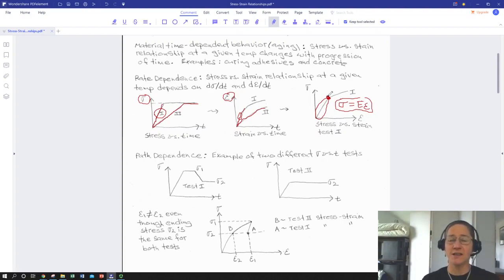This is known as the yield point. And this is where the actual microstructural mechanism of deformation really changes. In the elastic region, where stress and strain are proportional, most of our deformation is resulting from the atoms in crystal lattices or polymer chains just stretching along the lines of their chemical bonds.